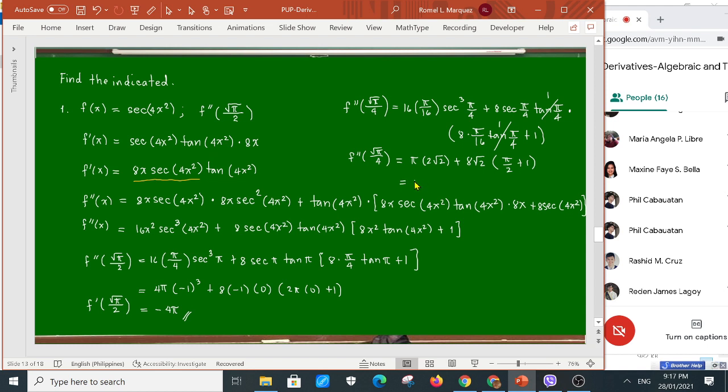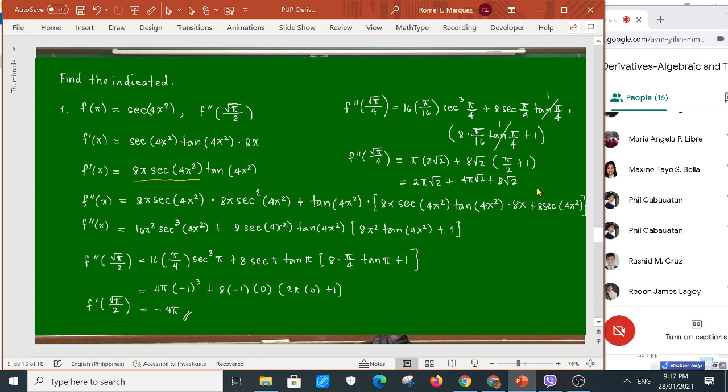Kaya lang hindi maganda yung final answer, kasi hindi siya mako-combine into a single term. Pag dinistribute, that is pi square root of 2, plus 8 square root of 2.